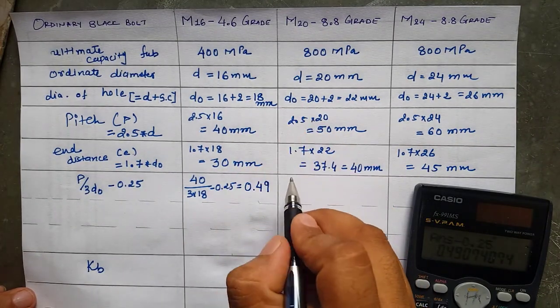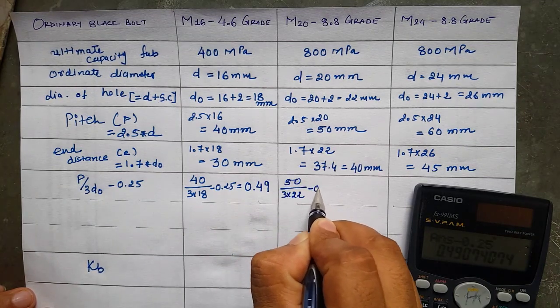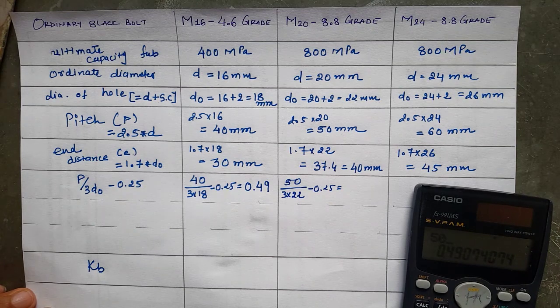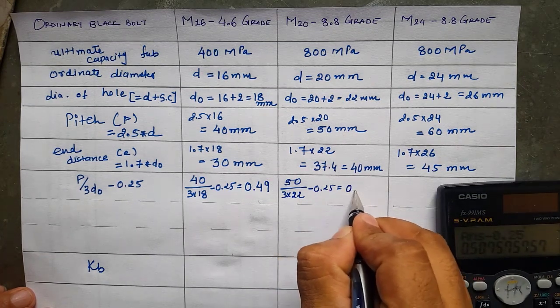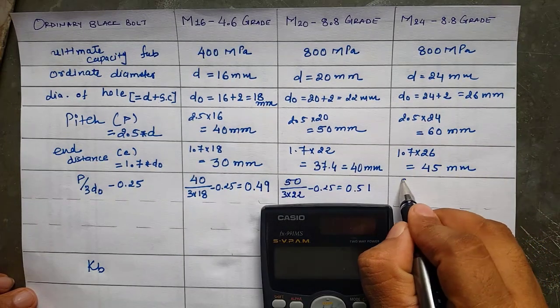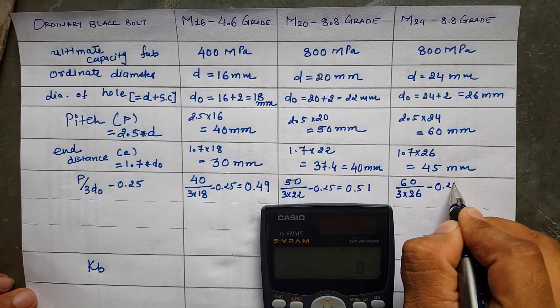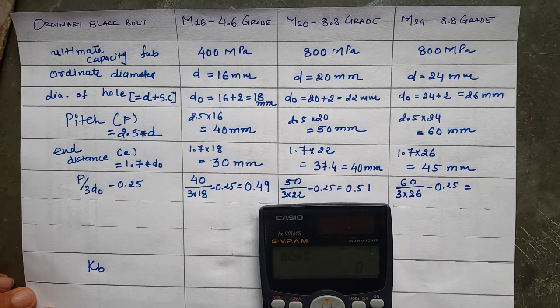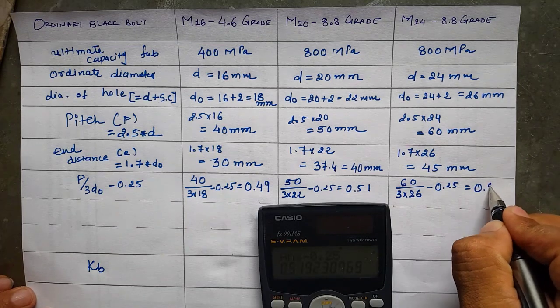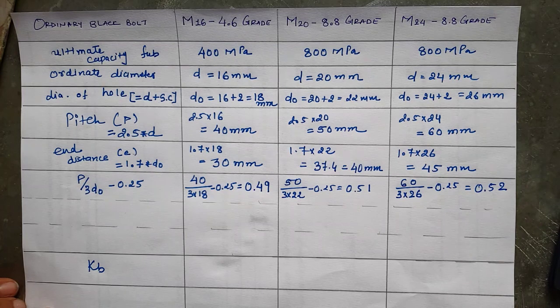Same for the M20 bolt: 50 by 3D0 minus 0.25 is almost 0.51. And for M24 bolt, it is 60 by 3 into 26 minus 0.25, which is almost 0.52.